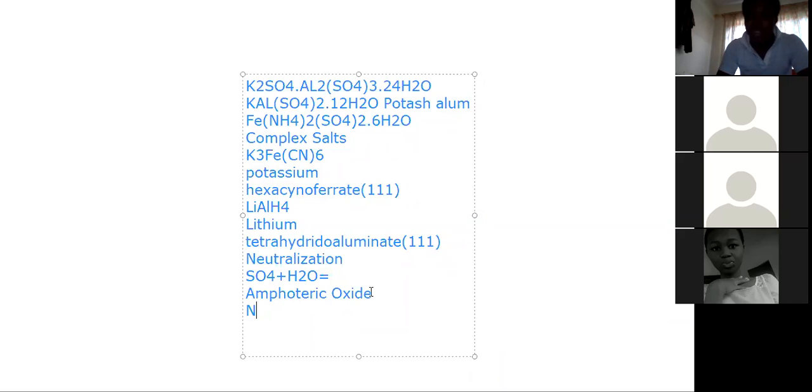And the last one, mixed oxide. It is made up of two oxides. Example is Fe3O4.